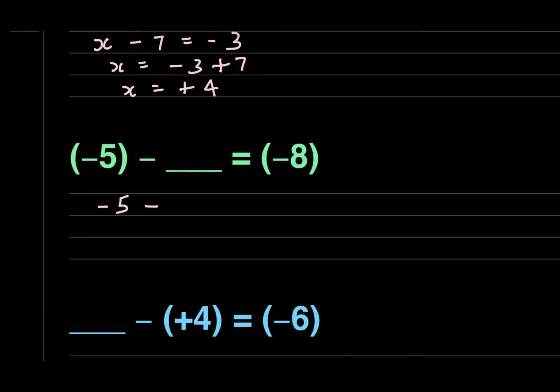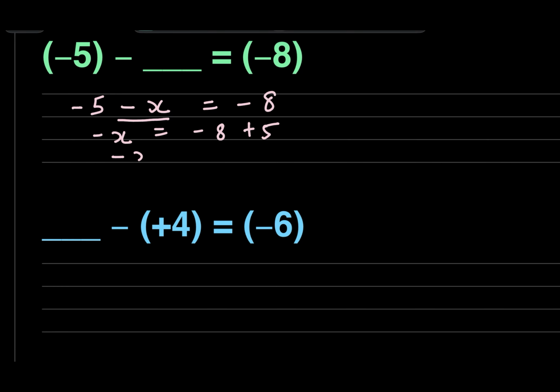Minus 5 minus x, okay, the minute this minus comes, it is dangerous. You have to be very careful over here. Is equal to minus 8. Minus x is equal to minus 8 plus 5. Minus x is minus 3.